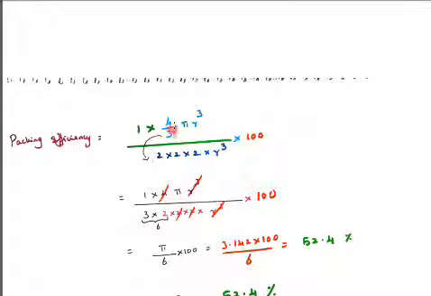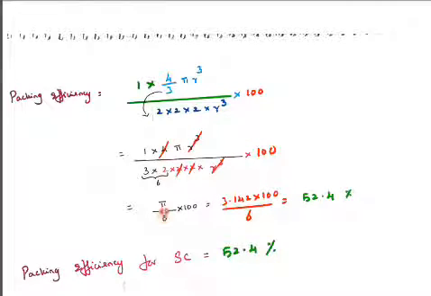So 1 into 4 by 3 pi r cubed, and the denominator comes in: 3 into 2 is 6, and 2 into 2 is 4, and this 4 and this 4 cancel, and r cubed cancels. So the remaining is pi into 100 by 6.